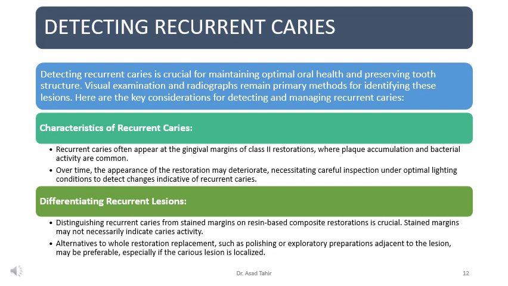Key point: repair and refurbishing of lesions are preferred over whole restoration replacement whenever possible to preserve tooth structure. Accurate detection and differentiation of recurrent caries are essential for appropriate management. This approach ensures minimum intervention while effectively addressing caries activity, thereby maintaining optimal oral health.